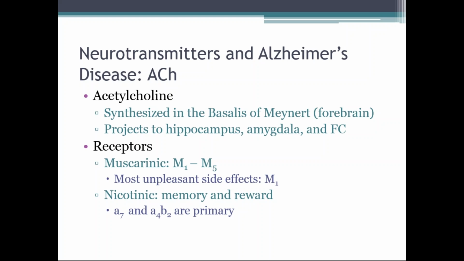It has an additional ability to make any acetylcholine landing on this receptor have a greater effect than it would by itself. And that's what we call positive allosteric modulation. It's what benzos do at GABA receptors. It just makes the neurotransmitter landing there do more than it would otherwise.